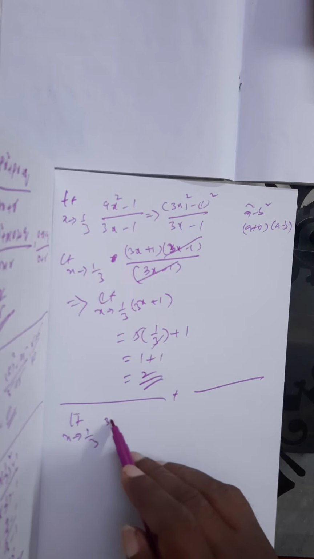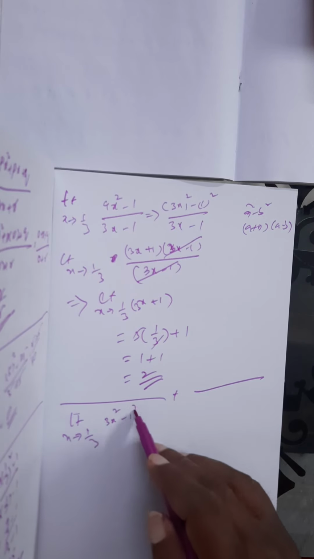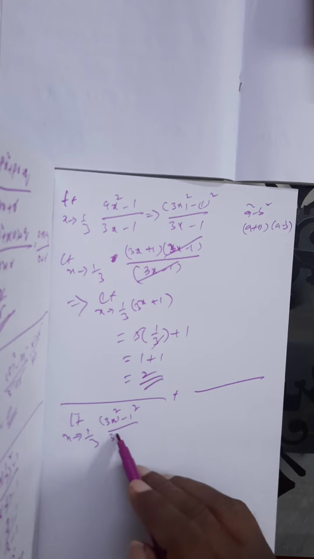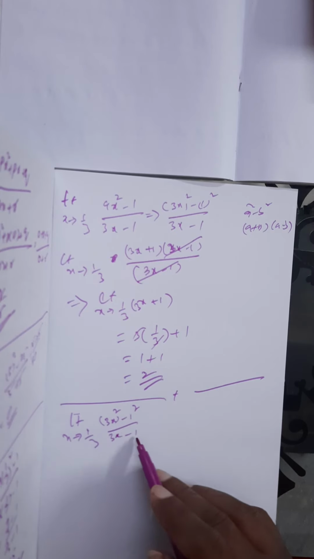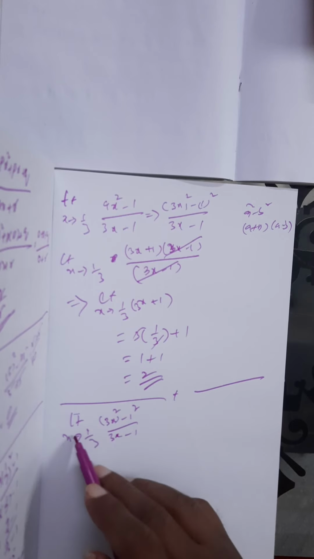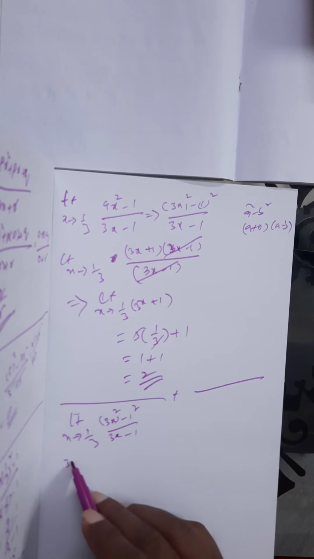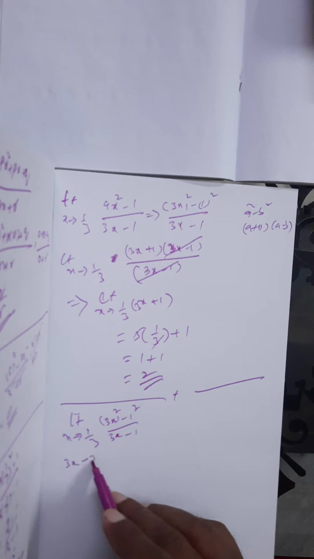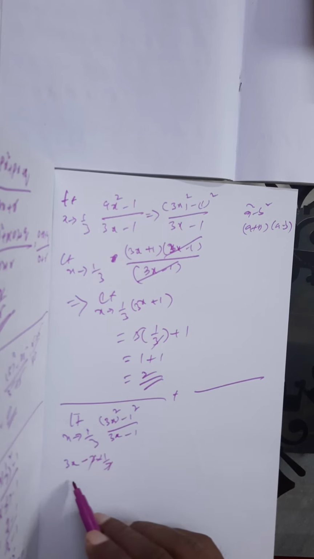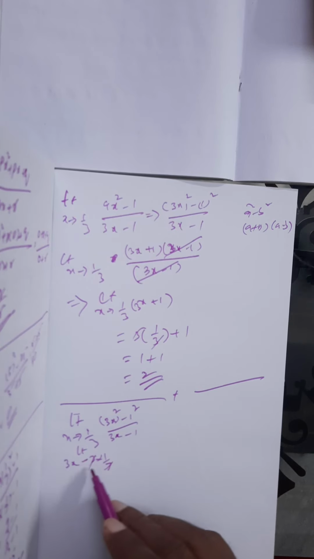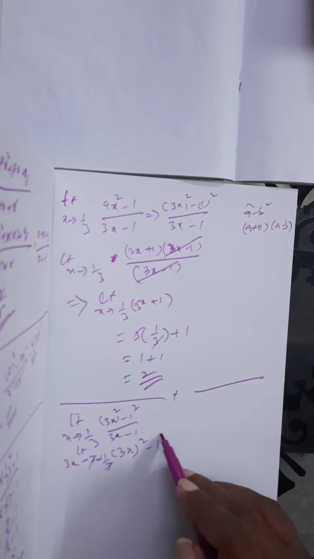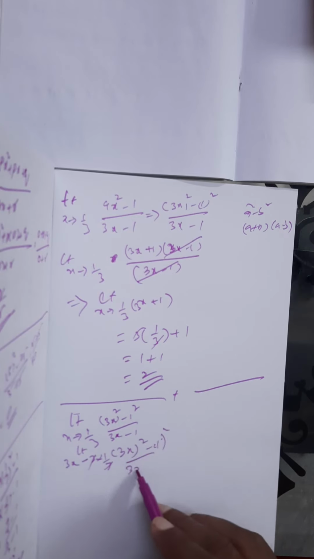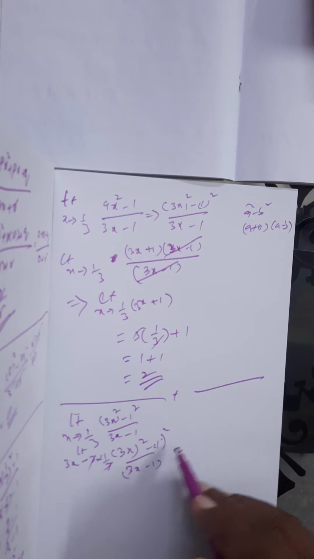Here we are applying (3x)² minus 1². In the denominator 3x minus 1 is there, same, squares are there. Here not there, so multiply with 3 into 1/3, these 3s can cancel.